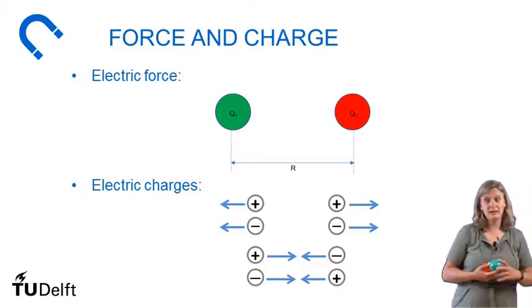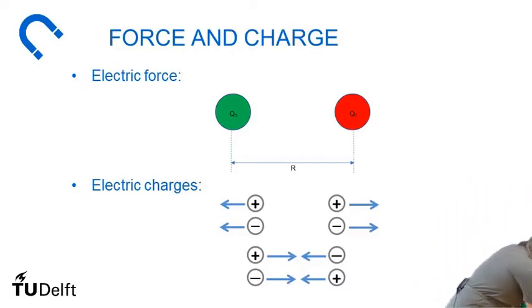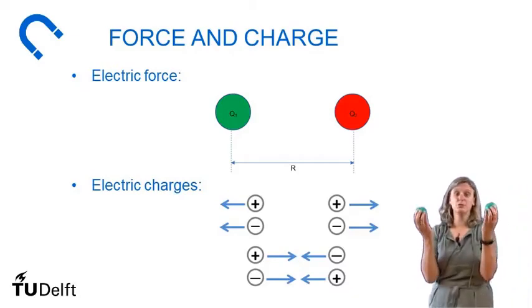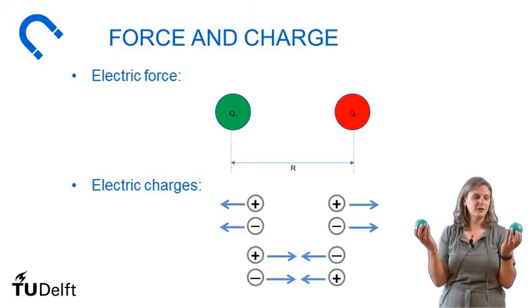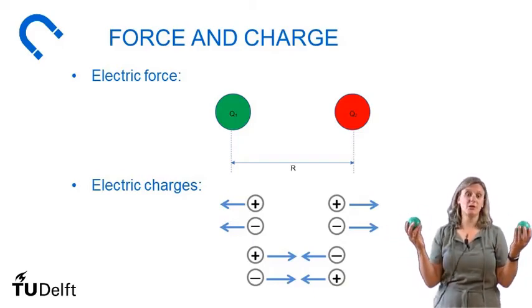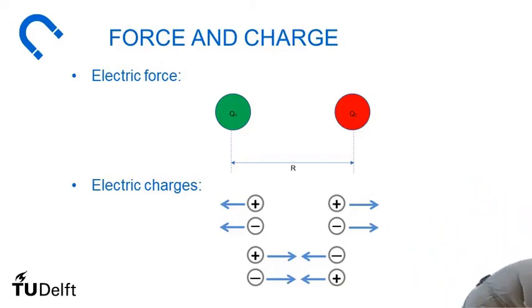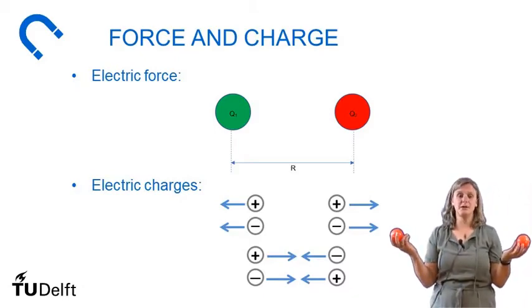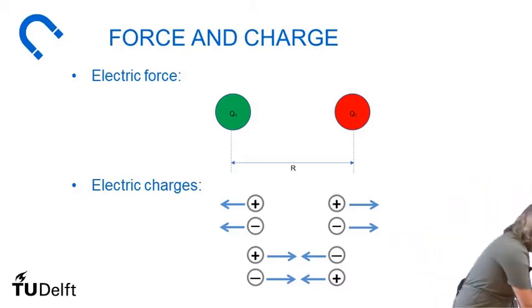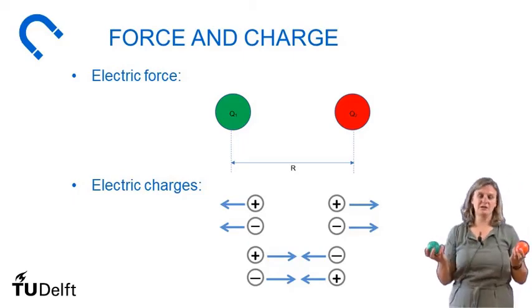As we can see here, there are also other cases. For example, if we have two equal charges, two positive ones, they will repel each other. Or if they are both negative, they will also repel each other. But if we have a positive and a negative charge, they attract each other.